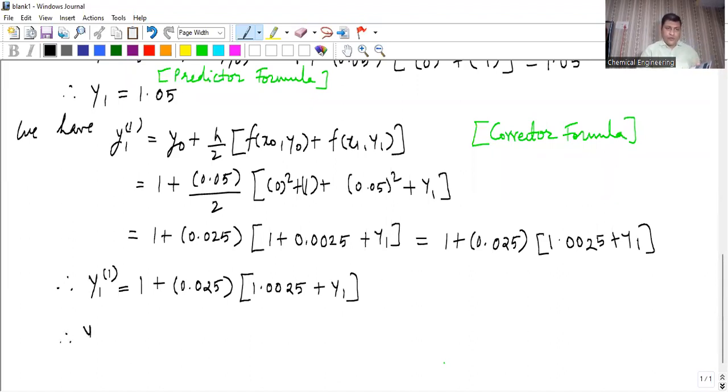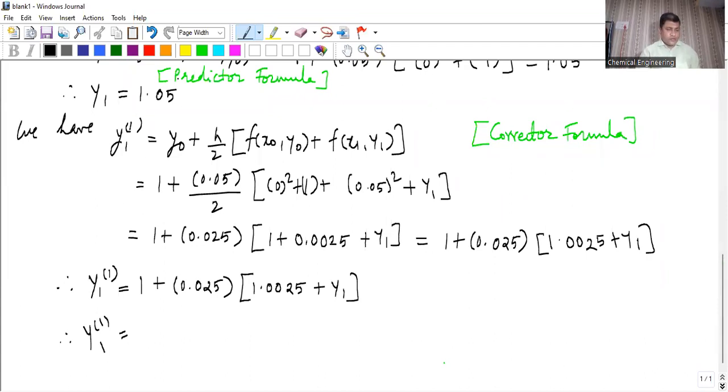Okay, so you can have the first correction to y1. So we'll be having here 1, plus 1.0025, plus alpha shift Y. Okay, so we get 1.0513125.